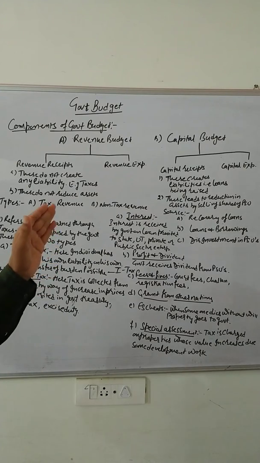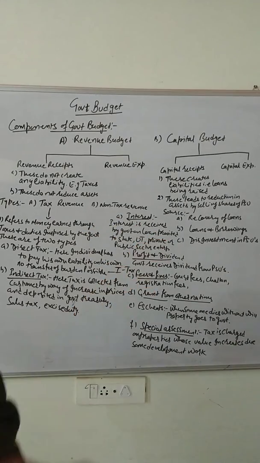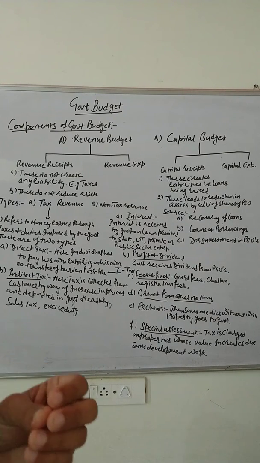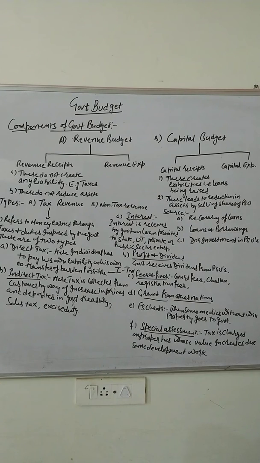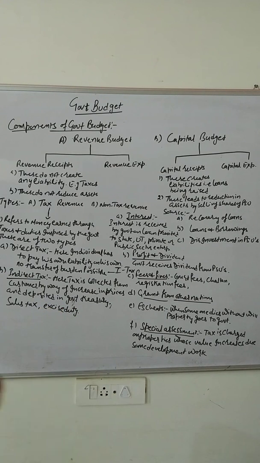Another is the non-tax area from where the revenues are being generated. First thing is the interest. This is on the loans which have been given by the central government to the state governments, to the union territories, to private individuals, or to the public sector companies, and from them on a timely basis they are earning the interest, and that is the non-tax revenue receipt for the central government.